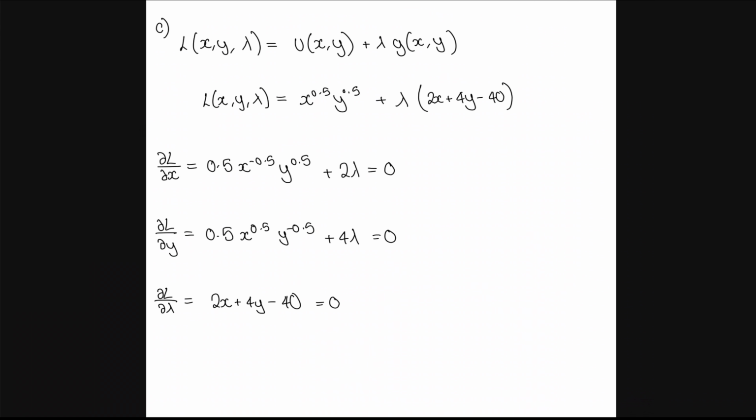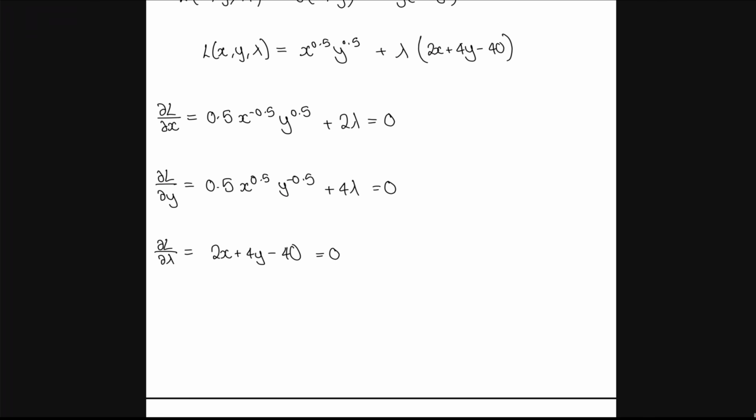So if we now solve these two equations to figure out what lambda is, we can do 2 lambda is equal to minus 0.5 x to the power of minus 0.5 and y to the power of 0.5, and then 4 lambda is equal to minus 0.5 x to the power of 0.5 and then y to the power of minus 0.5.